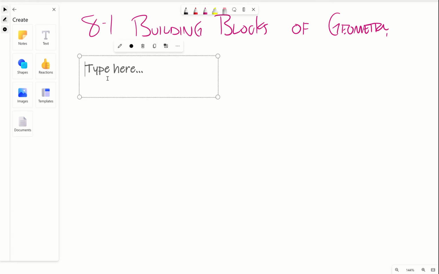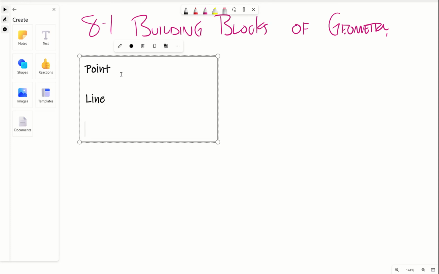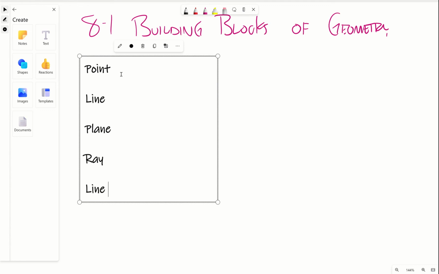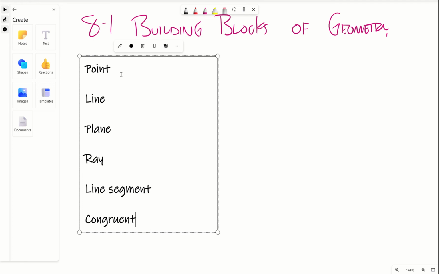Today we have point, line, plane, ray, line segment, and congruent. All right, those are the 6 words we have for you today. Let's break each of these down.